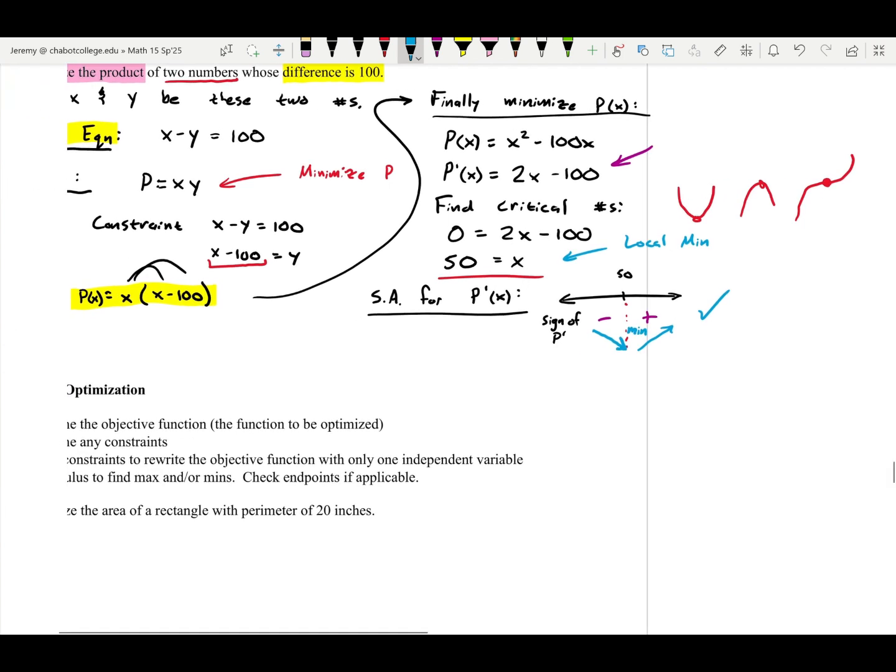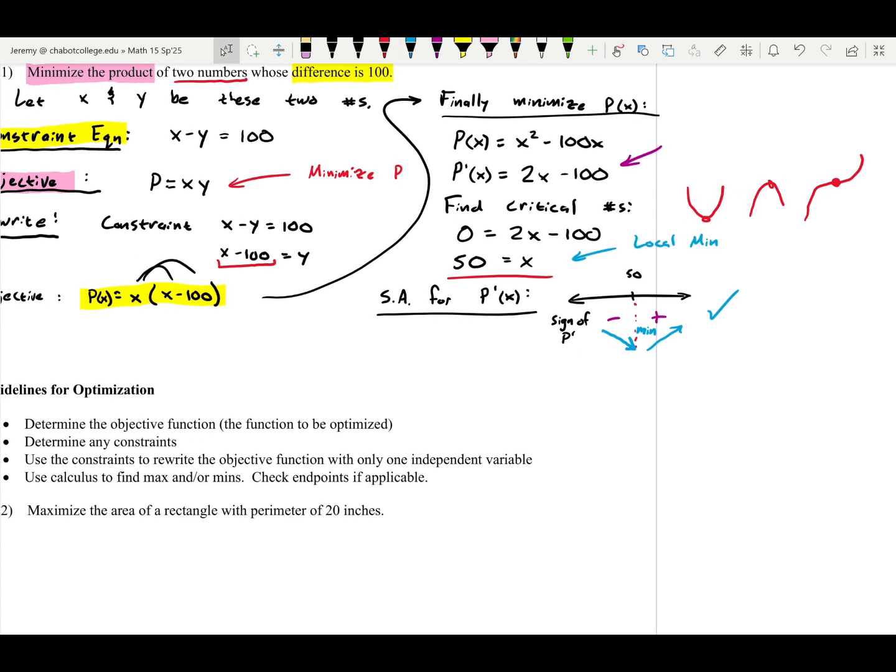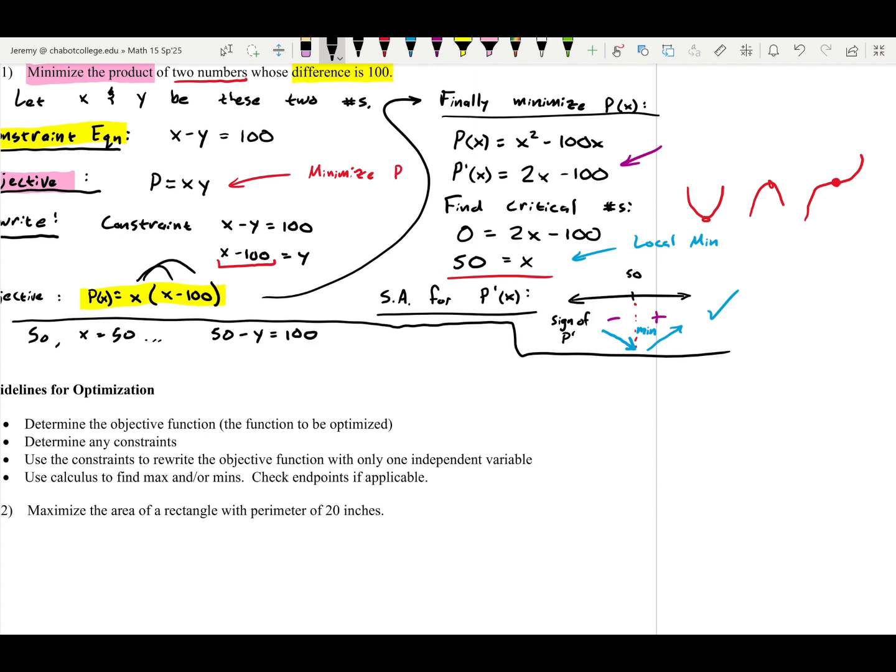And the final step is just finding out what the other variable is, what y is equal to. Okay, so let me just draw a little line here. We're headed into the last step here. I'll say, so x is equal to 50. That means that 50 minus y is equal to 100. So I'm plugging back into the constraint equation to solve for y.